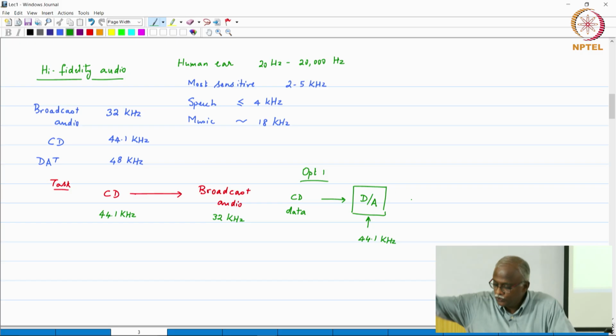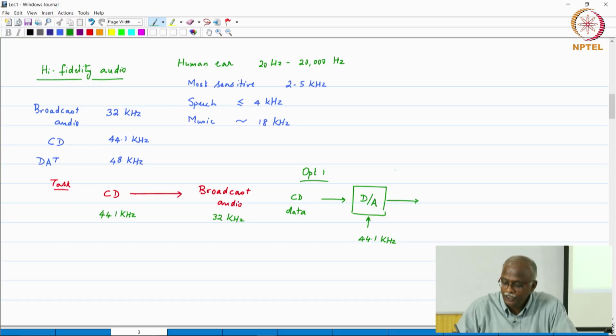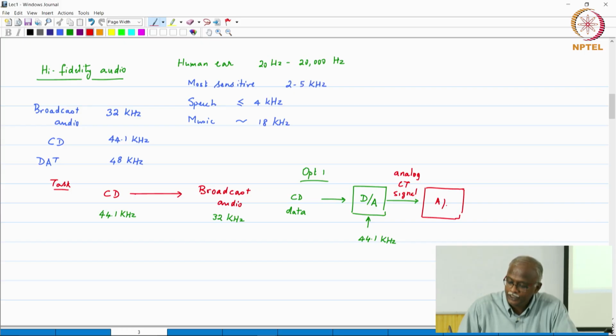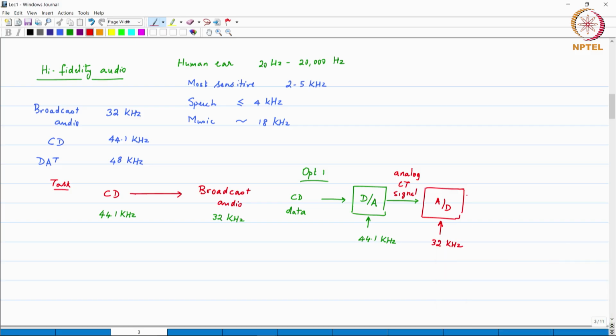Once you do that, what you have is an analog or continuous time signal, CT signal, which you can then pick up like any other analog signal and sample at 32 kilohertz, and then get your broadcast audio. So, this is a very simple practical application where you are forced to convert.